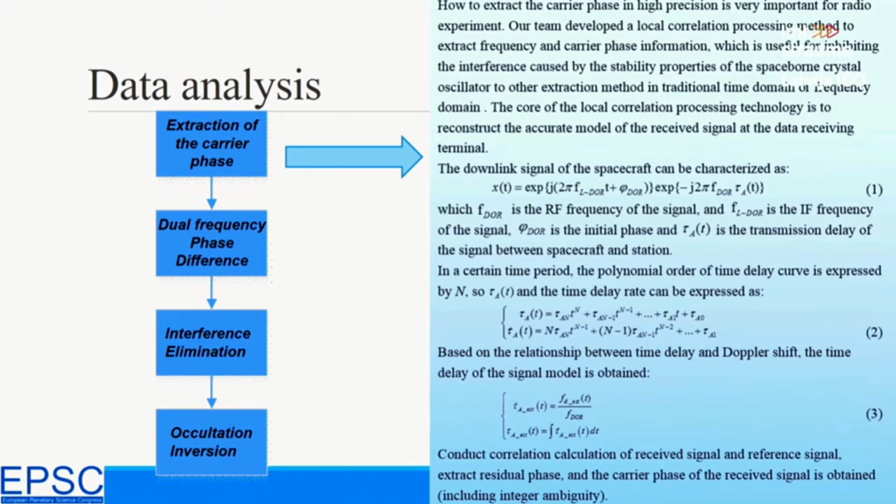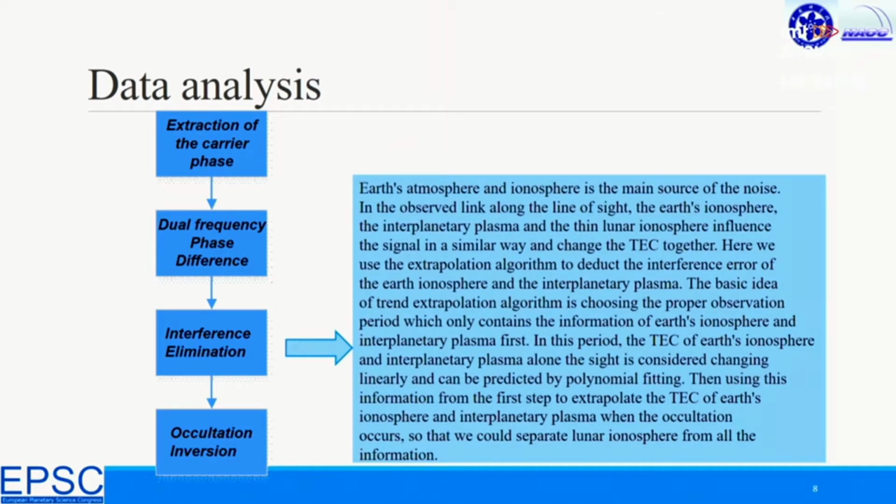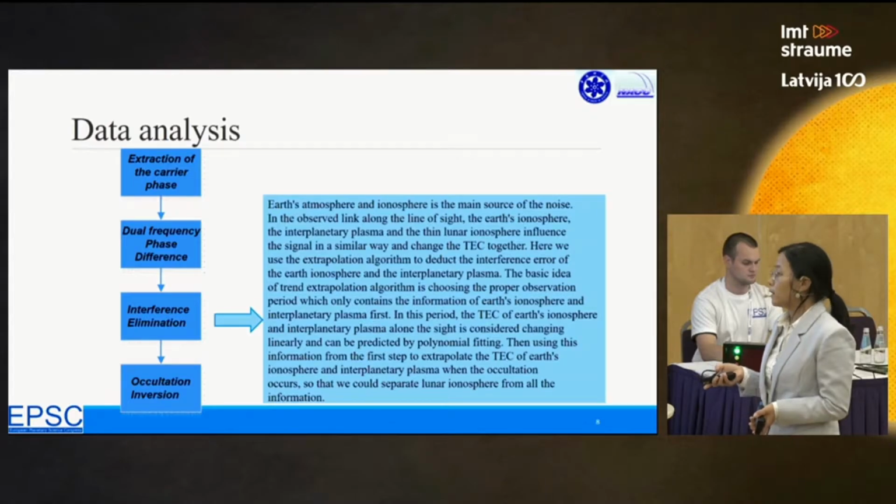After we get the carrier phase, we do the dual frequency phase difference, and then we should eliminate the interference of Earth's atmosphere and ionosphere. For this part, we use the same method as the SELENE team.